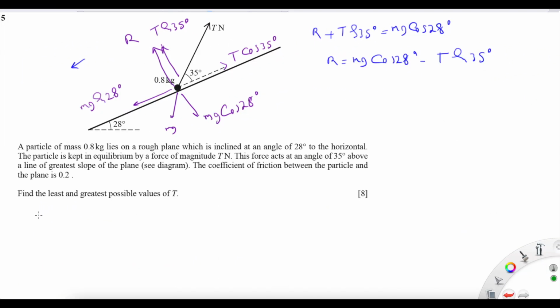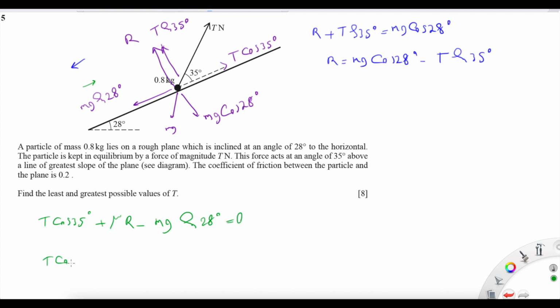Now for the least possible value, we assume the case where the object is about to move downwards under its weight. So friction will actually be in the opposite direction, which is upwards. So we have T cosine 35 plus friction, which has the same direction as T cosine 35, mu R, minus mg sine 28 is equal to 0.